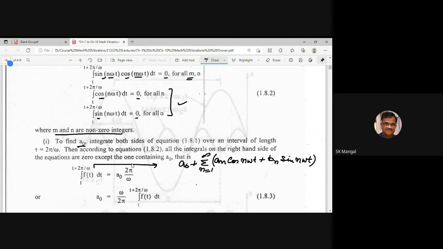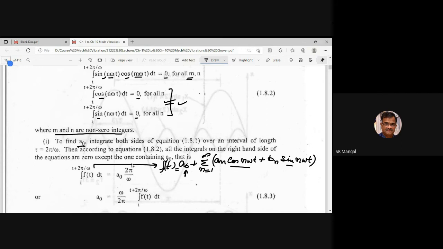So if I integrate this, which is nothing but f(t), for one time period, then as per these two equations all the cos and sine terms will be 0 except the first term.